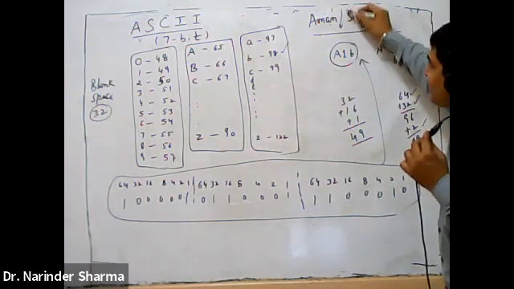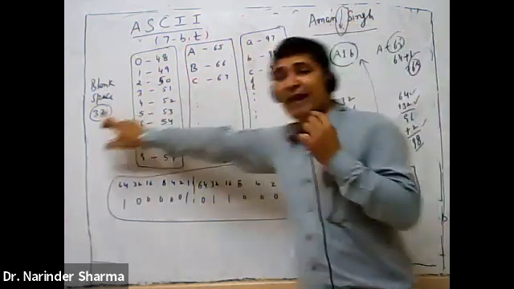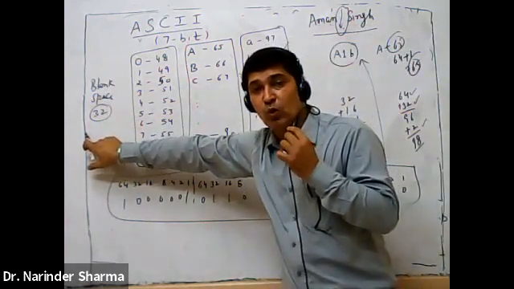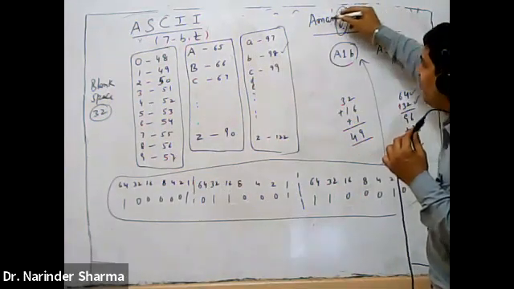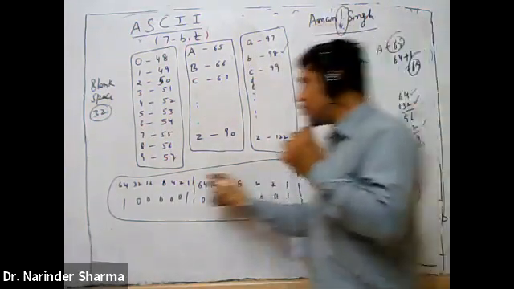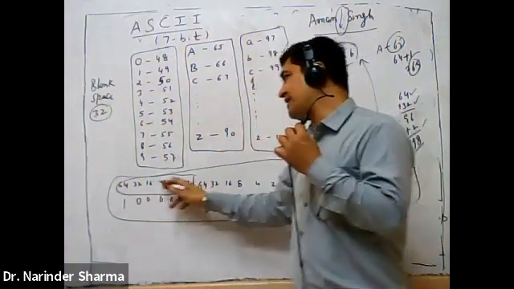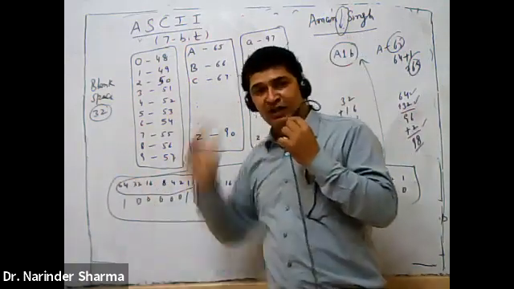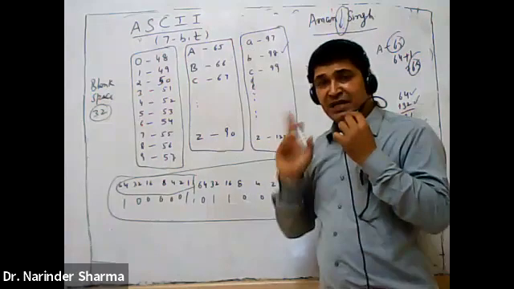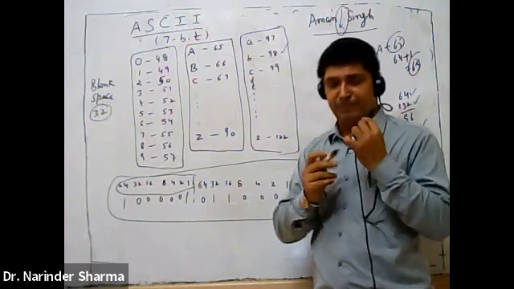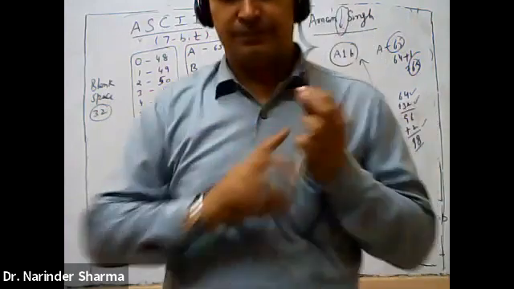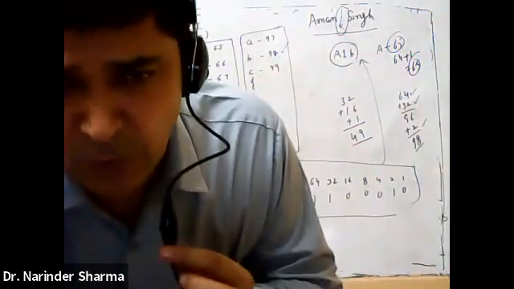For the blank space, you have to take care. For the blank space, you have to fill 32. So it would be 1, 2, 3, 4, 5, 6, 7, 8, 9, 10. 10 times you have to write this 1, 2, 4, 8, 16, 32, 64. This is the example I have given you. Each one of you has to convert your name into its equivalent ASCII code. This is about the ASCII code.